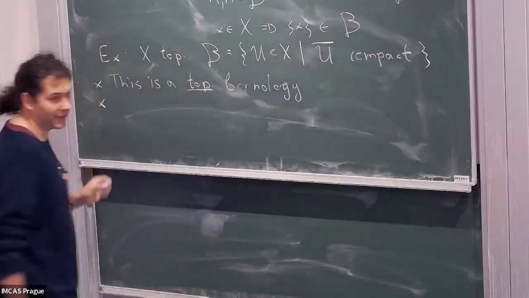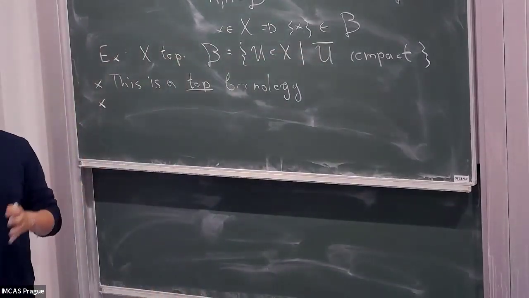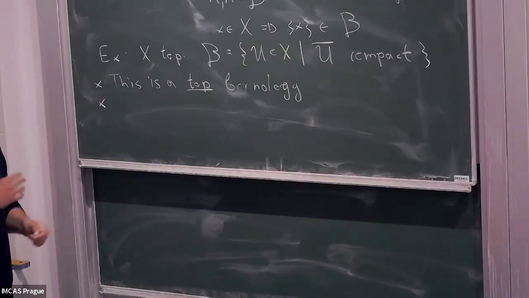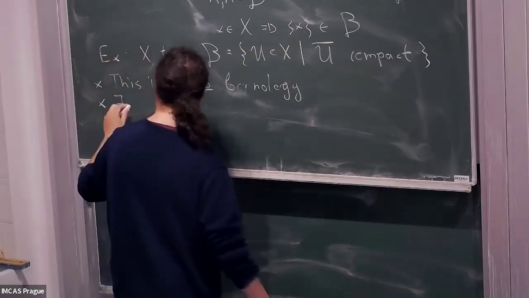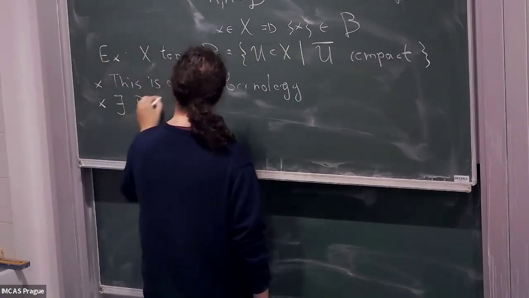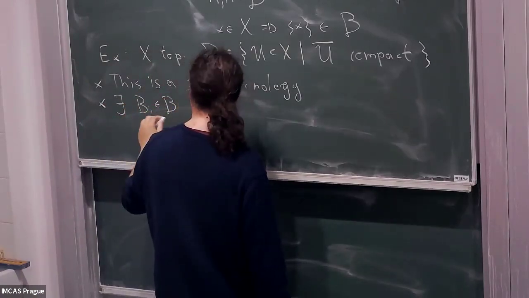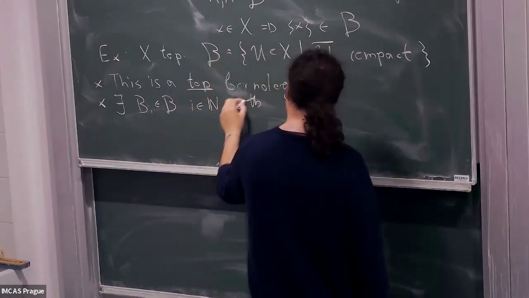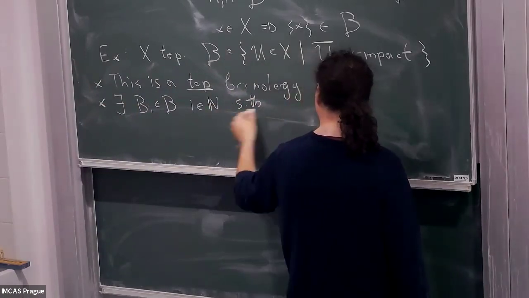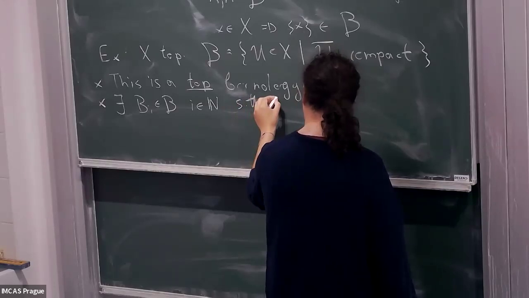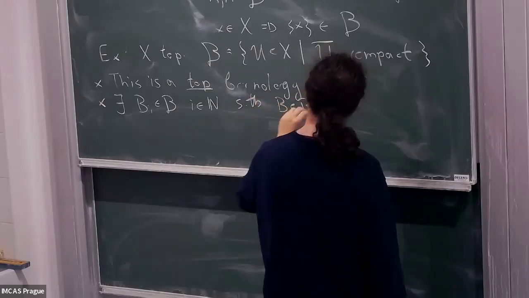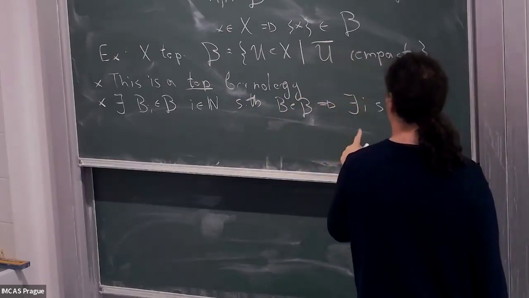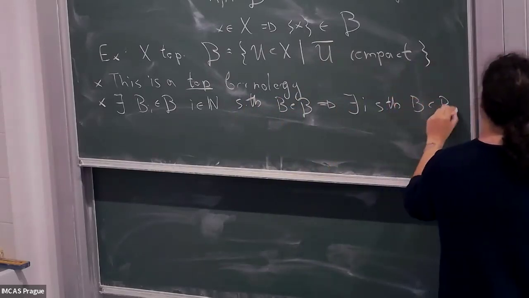And another nice property which it has is that it is completely described by a countable number of bounded sets, which in general need not be true. So there exist B_i in curly B, for i in the natural numbers, such that B in curly B implies that there exists an i such that B is a subset of B_i.